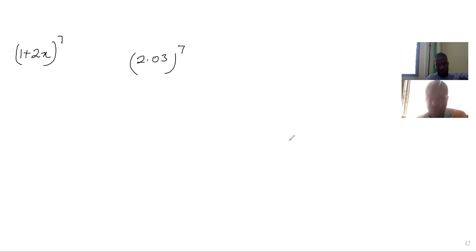Okay. So I changed 2.03 into the form 1 plus 2x. And I had 1 plus 1.03 exponent 7. But in the binomial expansion, wait. The value for x has a problem. Can you figure it out?